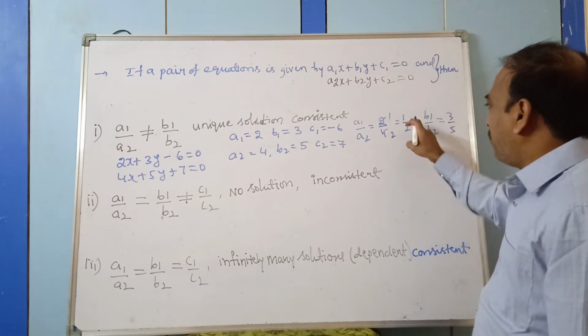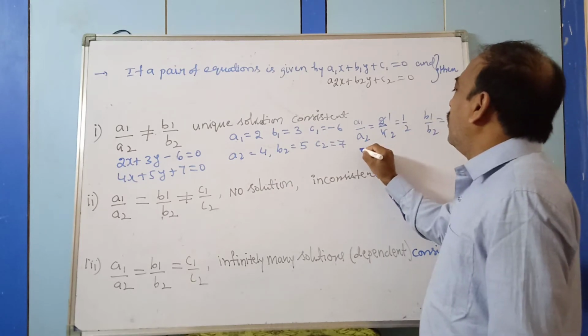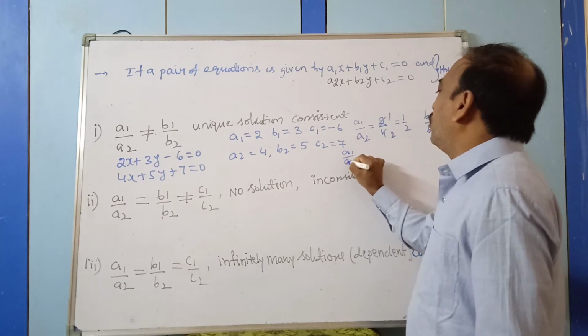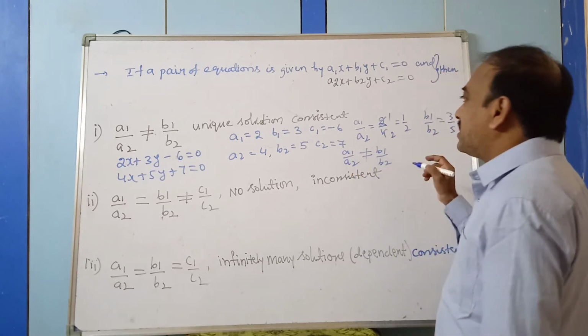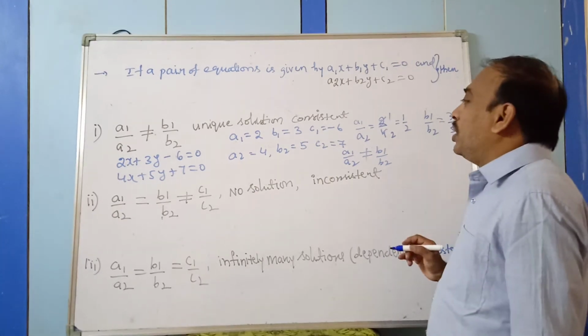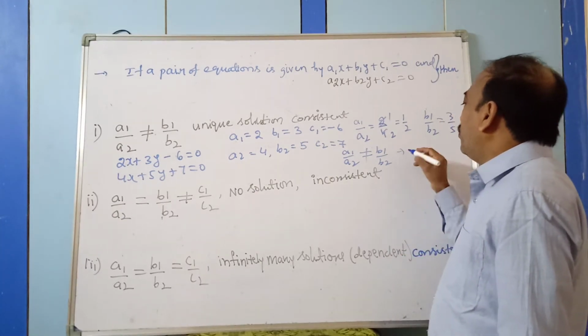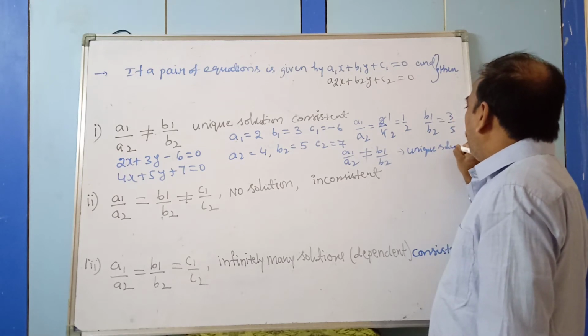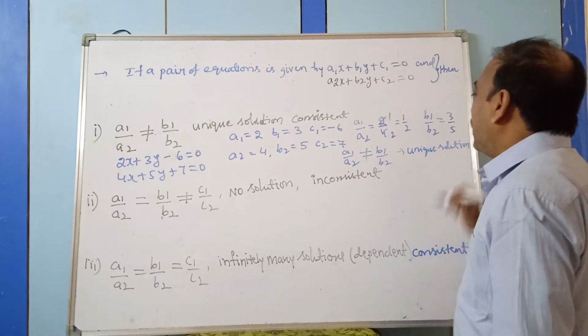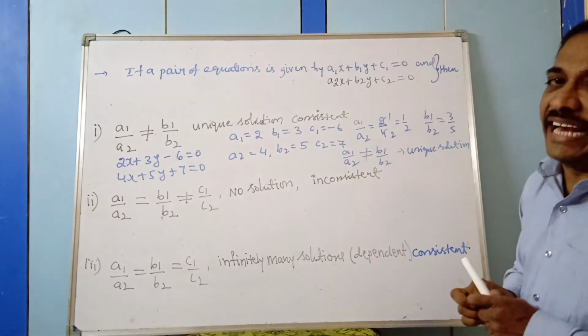Are they equal? 1 by 2 and 3 by 5. So A1 by A2 is not equal to B1 by B2. That means they have a unique solution, which means the lines are consistent.